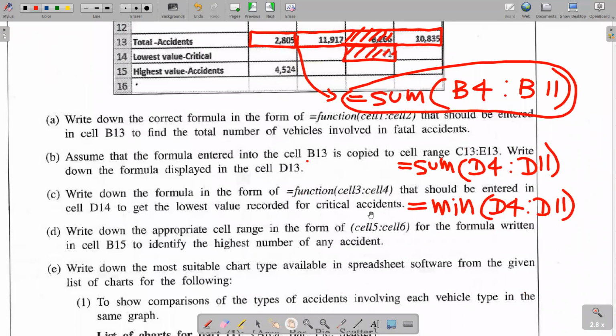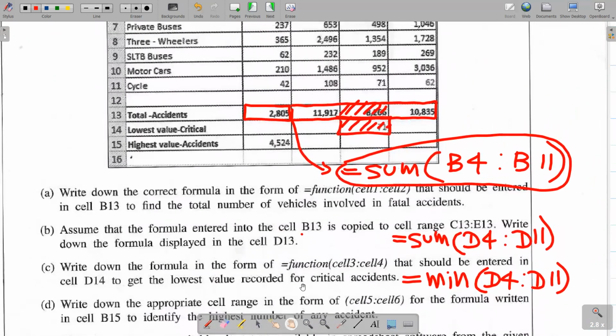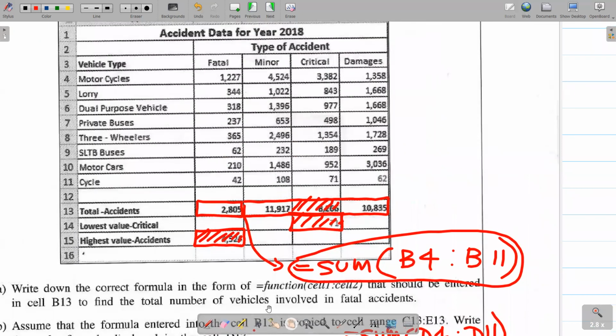In part D, it says write down the appropriate cell range in the form of cell 5 colon cell 6. They are just asking the cell range. For the formula in cell B15, to identify the highest number of any accident. Any accident means that you are going to refer the entire criteria, right?